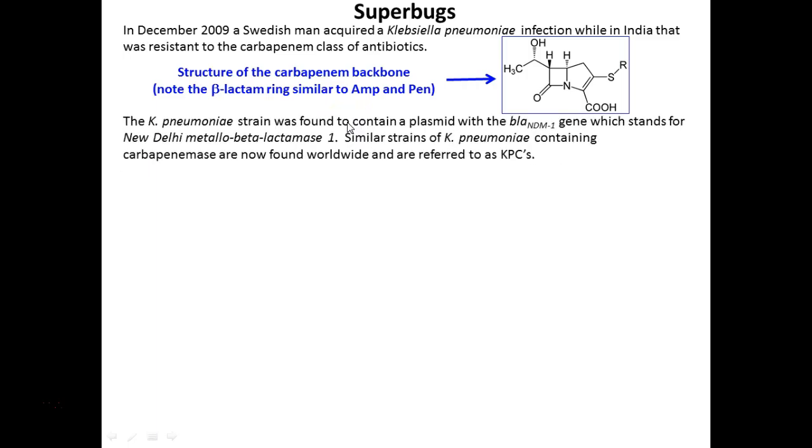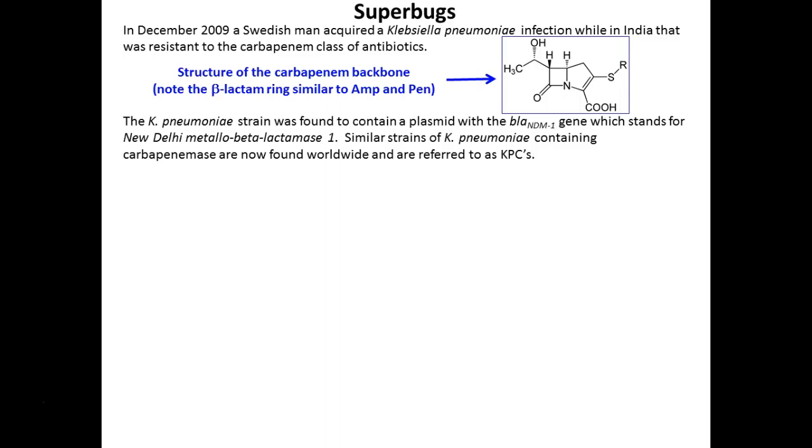It's a tongue twister. So what they found out is that this Klebsiella pneumoniae strain that he acquired contained a plasmid, so an extra circle of DNA, right, that some bacteria will have, right? So it has extra DNA other than even its chromosome. On this DNA circle, this plasmid, they found the gene that they named bla, and then the abbreviation NDM, New Delhi Metallo, for where he acquired it, and beta-lactamase is the bla part, and that stands for the name of the enzyme.